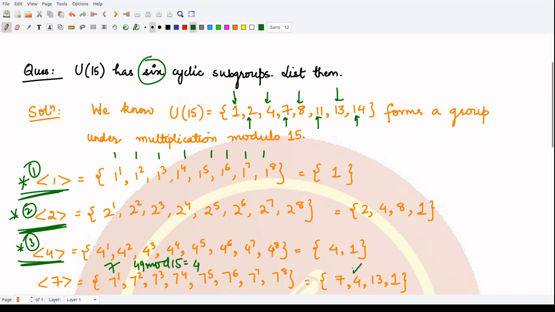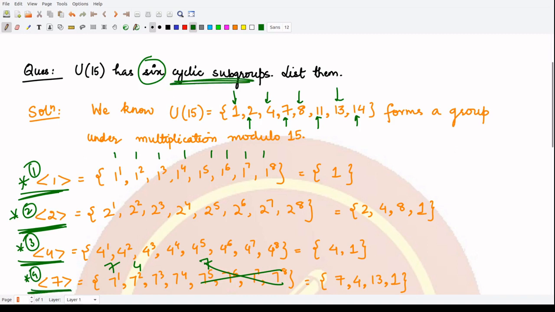So you obtain 4 here. Right. Similarly, 7 raised to power 5 would again be 7, right? And the numbers would keep on repeating. So no need to calculate all of them. You just have to solve for these. So you get the answer as 7, 4, 13 and 1. So this is the fourth cyclic subgroup which you obtain, which is generated from 7, correct, out of the 6 cyclic subgroups.